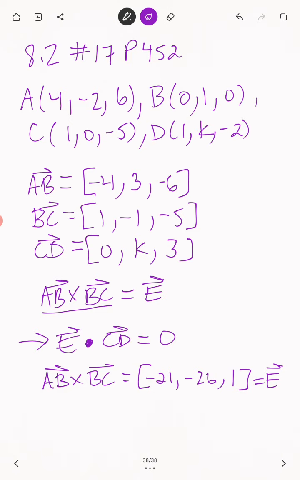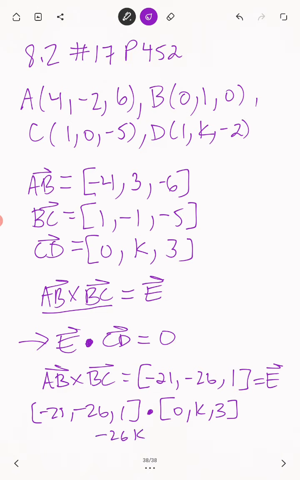So that looks like -21, -26, 1 dot 0, k, 3, and that's going to give me -21 times 0, which is 0, -26k plus 3 equals 0. And if I isolate k in this equation, then I get k equals 3 over 26.